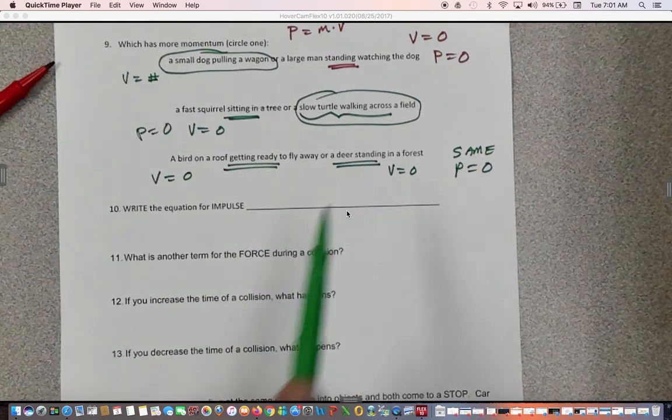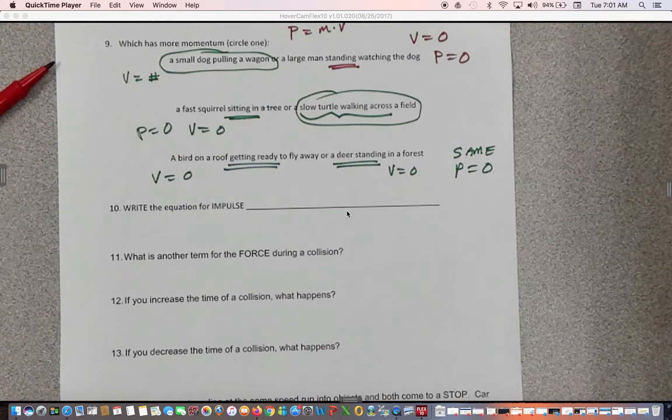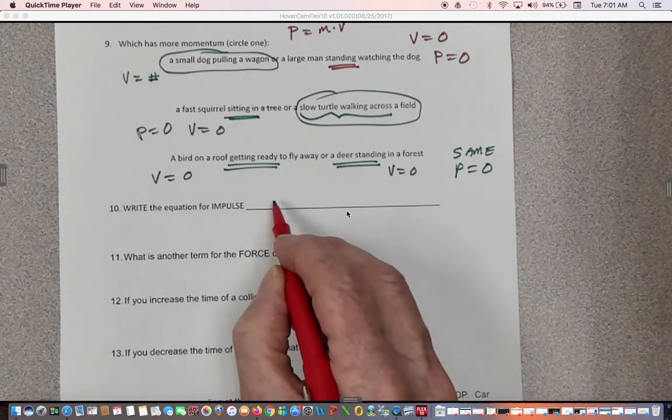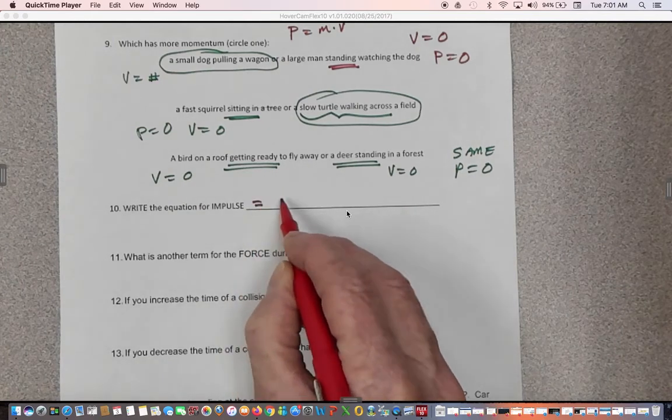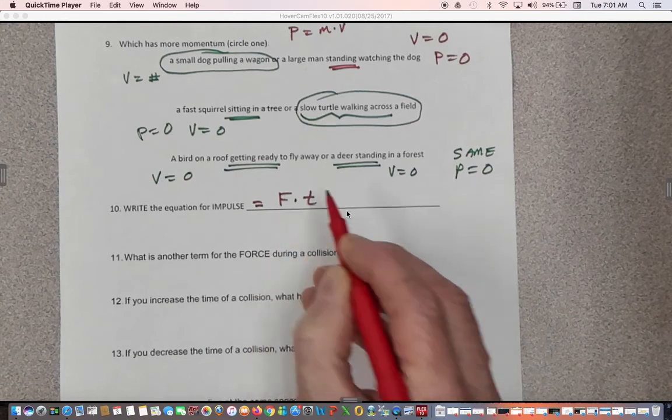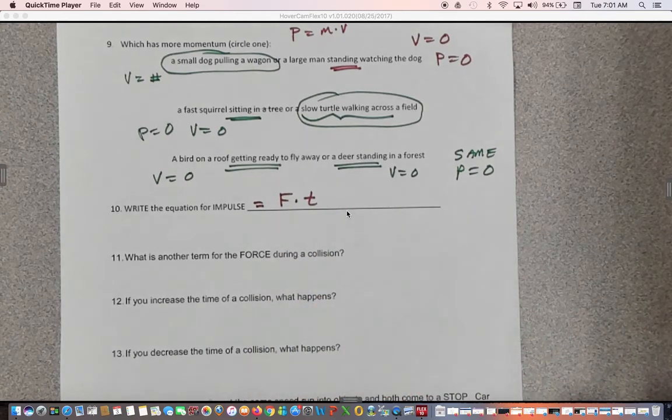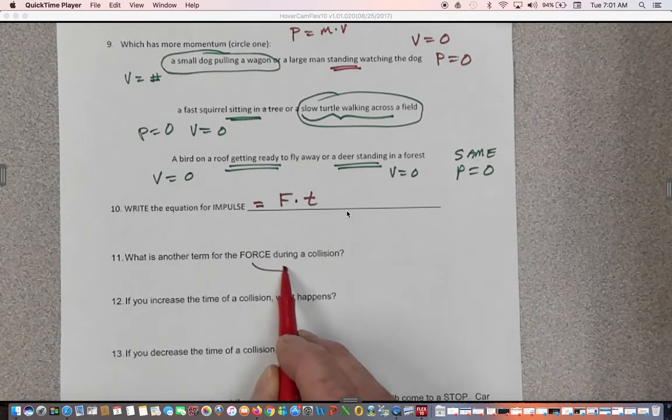So I'm not circling either one. It said circle the larger one. The momentum's the same. They're both zero. Next, it says write the equation for the impulse. Impulse equals force times time. What's another term for force? Impact.